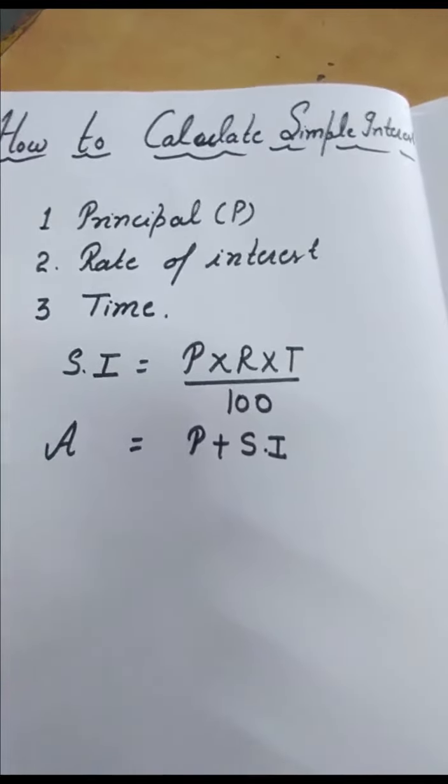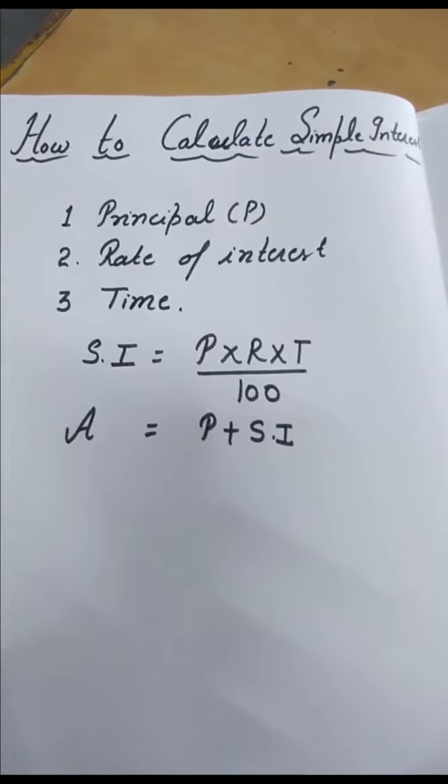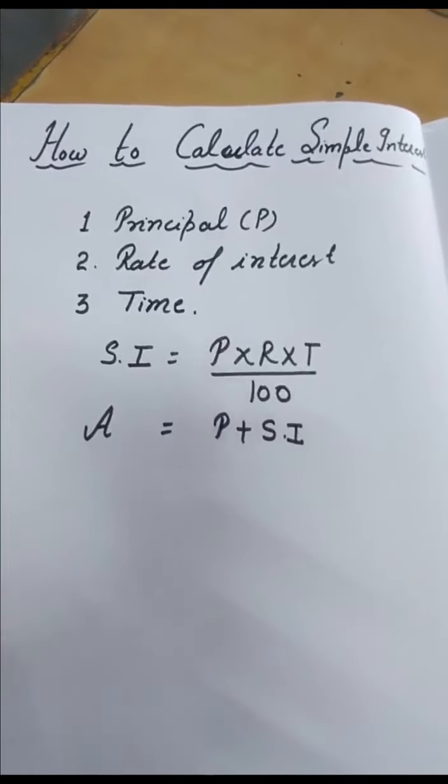So let's try to simplify a few sums on the basis of these concepts. Now, first example: Vaibhav deposits rupees 3000 in a bank for a period of 2 years. If the bank gives an interest of 5% per annum, find the amount Vaibhav would get back at the end of 2 years.